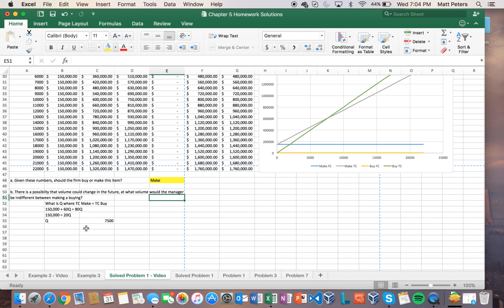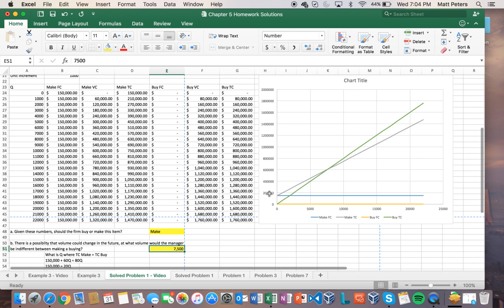So this point is 7,500 units, and we can highlight that. And let's see in our chart if that makes sense. So we know that they cross somewhere between 5,000 and 10,000. Yeah, which 7,500 would be somewhere right in there.